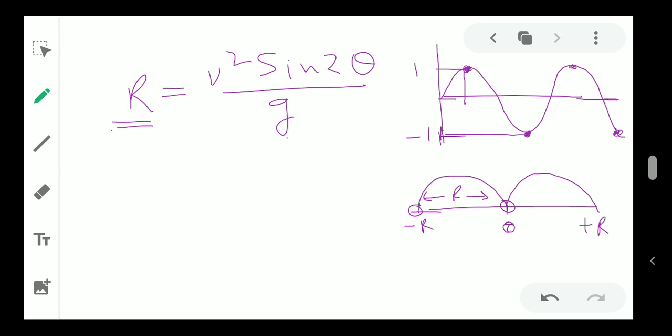Now you can also see one thing very clearly, that the period of the function, sin 2 theta's value, is repeating itself after 90 degrees. Why? Because see, this is 0, this is pi by 2, this is pi, and this is 3 pi by 2.